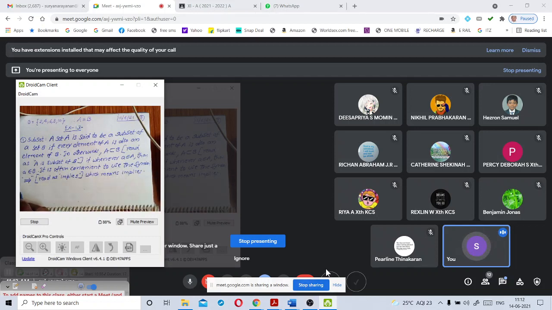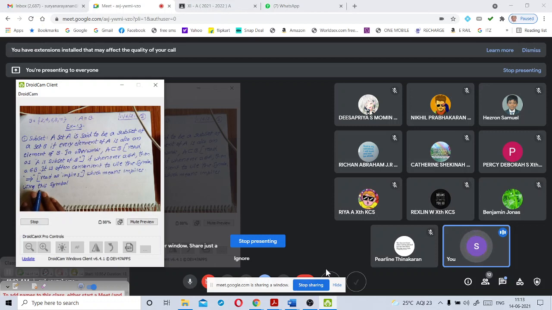So using this symbol implies, we can write the definition of subset as follows. A is a subset of B.